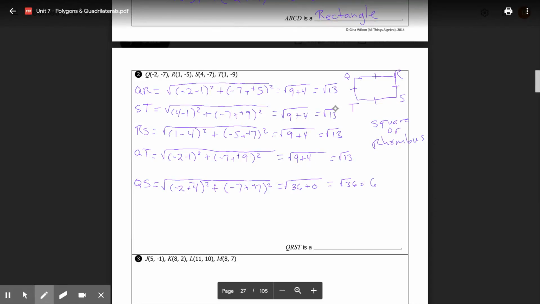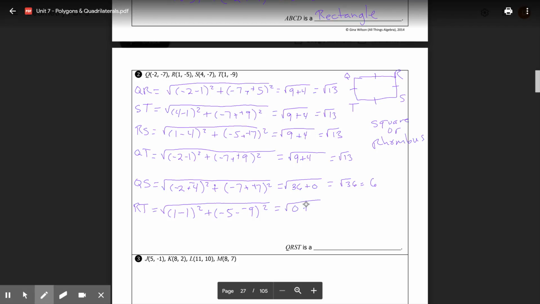And then the other one is RT. So RT is, let's see, 1 minus 1 squared plus -5 minus -9 squared. So this ends up being 0 squared.